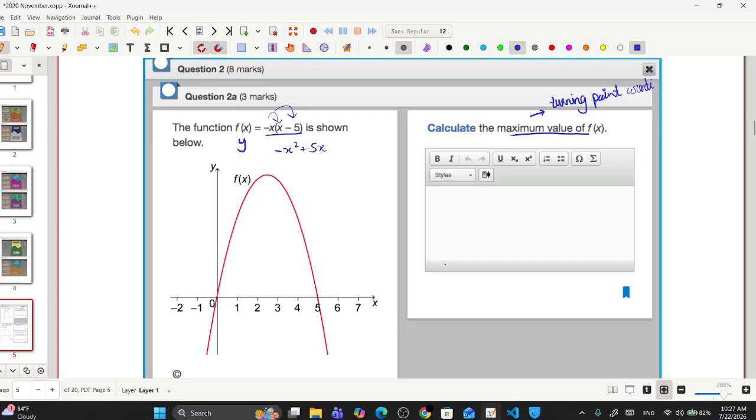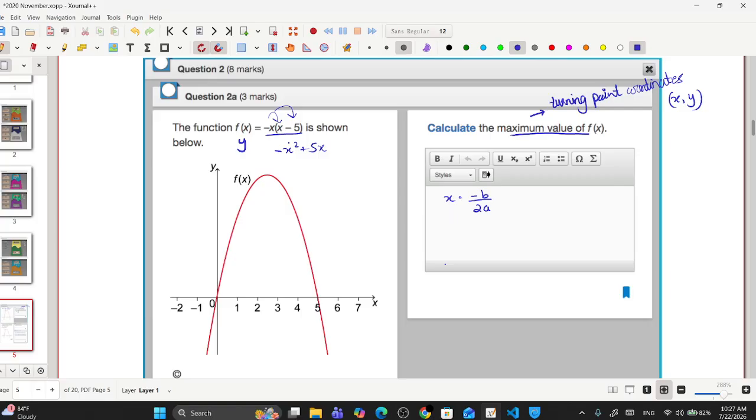All right. So now it says calculate the maximum value, the turning point coordinates. And the turning point coordinates are of course supposed to be in the form of x comma y. So we apply the formula x equals minus b divided by 2a. I hope you remember this formula, used to find the turning point of a curve.